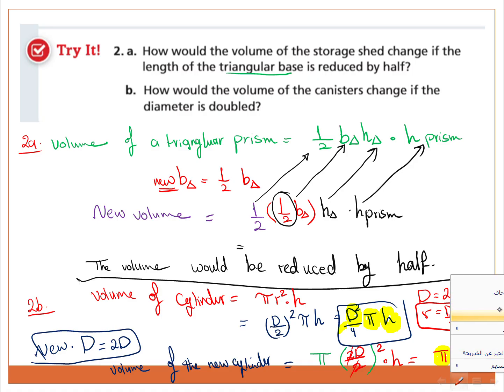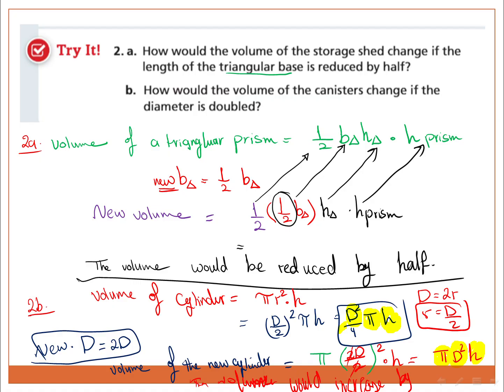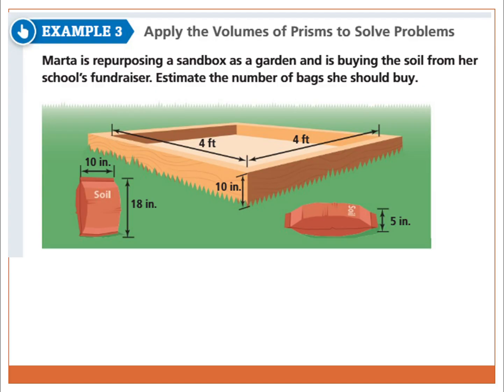So we can just write here that the volume would increase by a factor of 4. Okay, finished. I hope that it's clear for you.